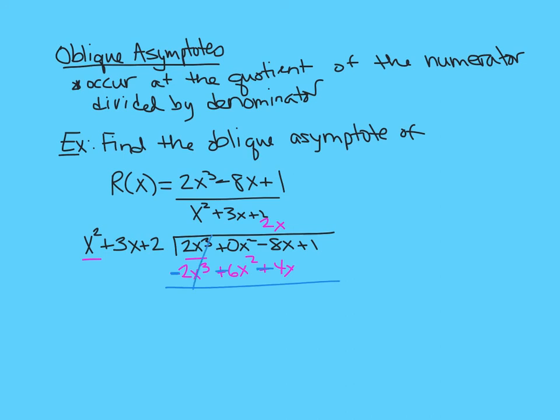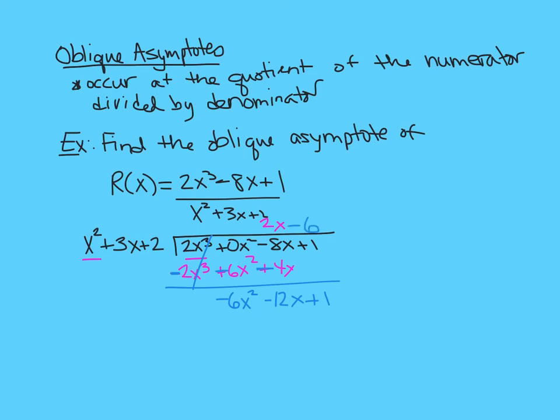The two x cubes cancel out, I end up with negative 6x squared minus 12x. I bring down my plus 1, and then I repeat the process. So now I'm going to do negative 6x squared divided by x squared. That gives me negative 6.